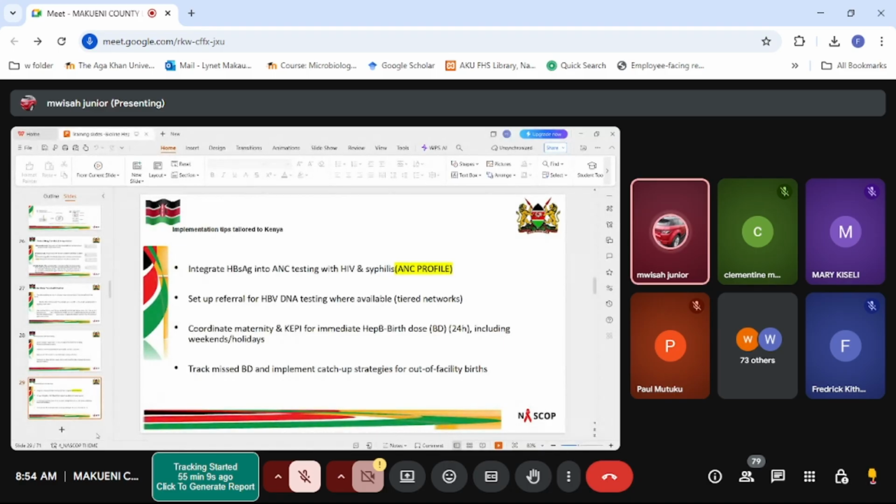Then you coordinate maternity and KEPI for immediate hepatitis B birth dose within 24 hours, including weekends and holidays. The baby should be given a hepatitis B dose within 24 hours after birth from an infected hepatitis B positive mother. Track missed birth doses and implement catch-up strategies for out-of-facility births.